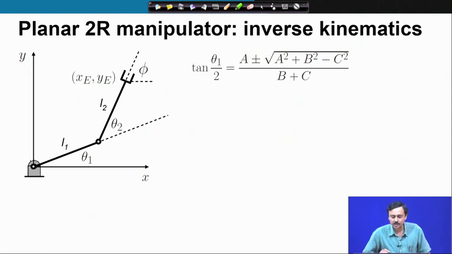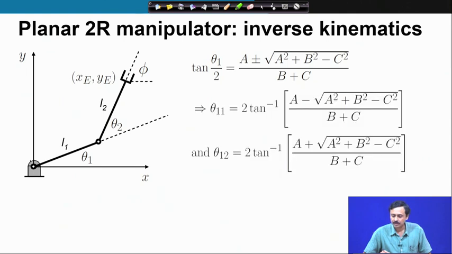So, here are the two solutions, which are obtained. So, theta 1 has two solutions, theta 1 1 and theta 1 2. Once I have taken the negative, the other time I have taken the positive. So, I have the two solutions of theta 1.